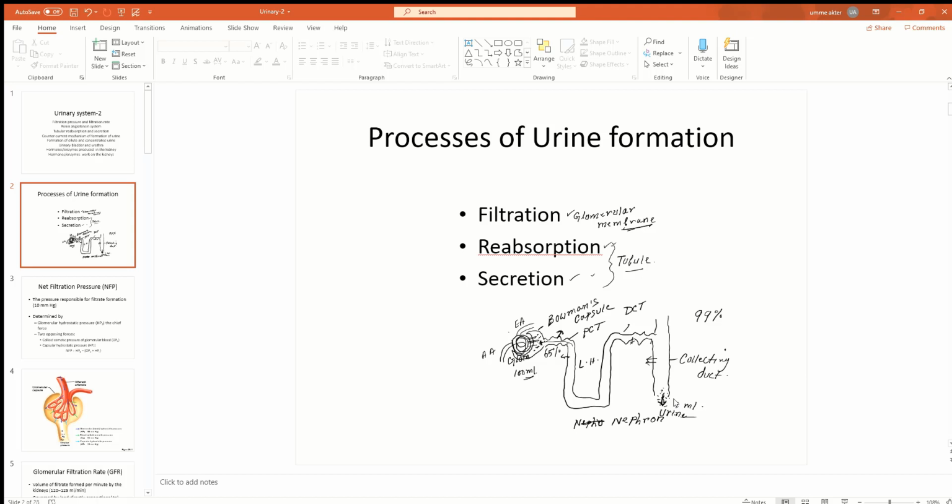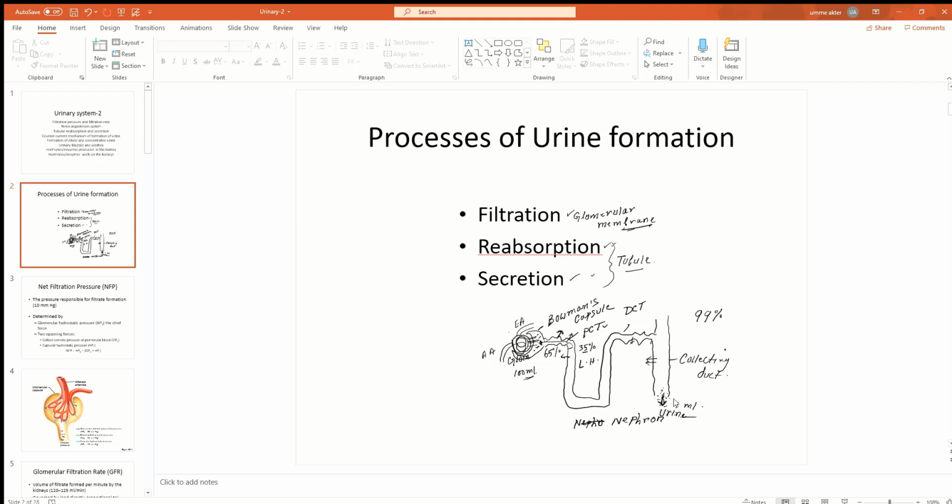So when the fluid arrives here, only 35% of fluid arrives here, because 65% is reabsorbed through the wall of the proximal convoluted tubule. Okay, everything will be equally reabsorbed, water and other chemicals. So the concentration will not change, only the volume will go down to 35%.